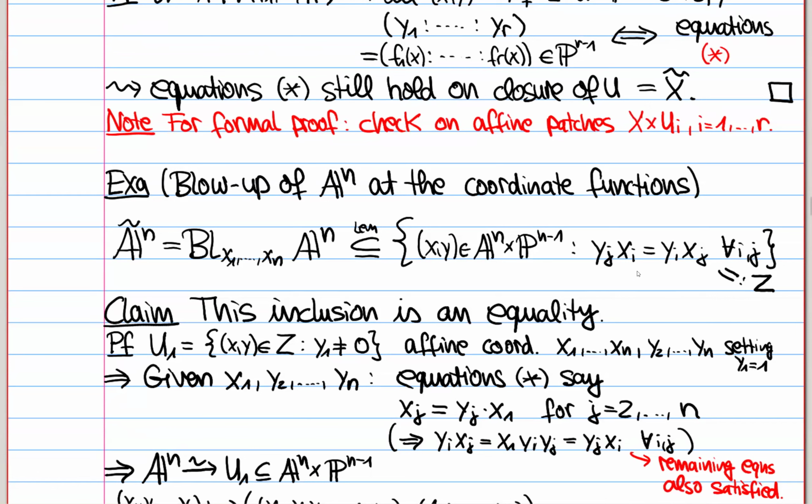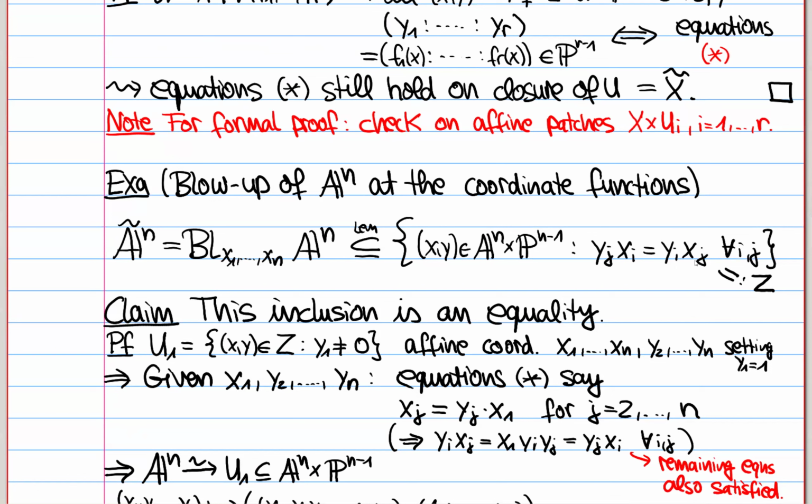And we claim that the set of equations that we have, we can solve it. Namely, if we give x_1, y_2 up to y_n, these are now n coordinates, then if you look at concrete examples of these equations, namely we specialize to the case i equals 1, then on this side the y_1 is equal to 1.